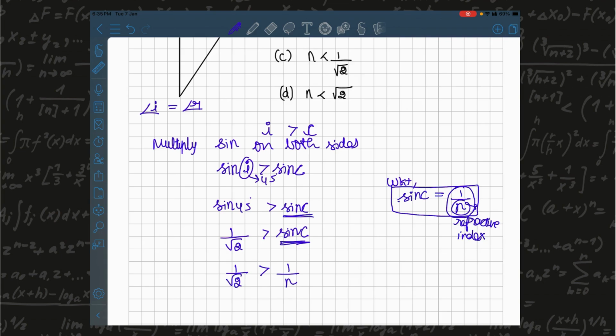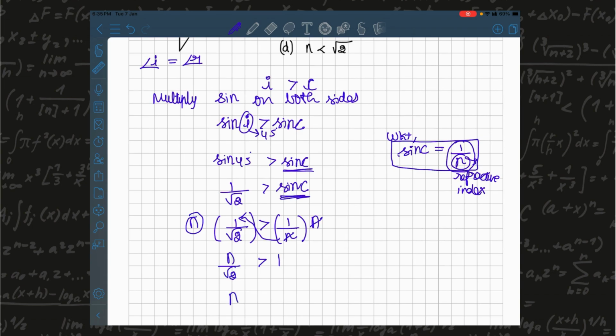Taking this n over here, to do that you'll have to multiply n on both sides, so that n gets cancelled on the right side and comes to the left side. So n by root 2 greater than 1.